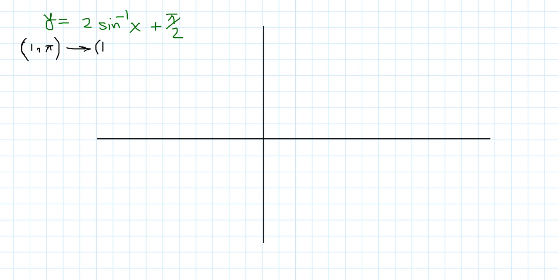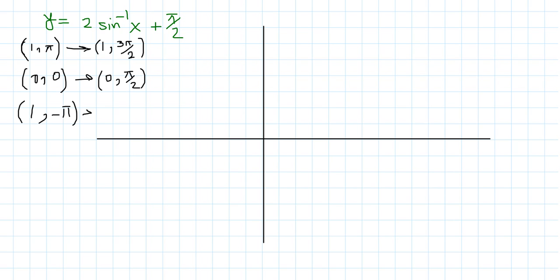So I have 1 and pi plus pi over 2 is 3 pi over 2. And I have 0 and 0, it is origin. So it is 0 and 0 plus pi over 2, it is pi over 2. The next point is 1 and minus pi. So I will have 1 and minus pi plus pi over 2 is minus pi over 2.